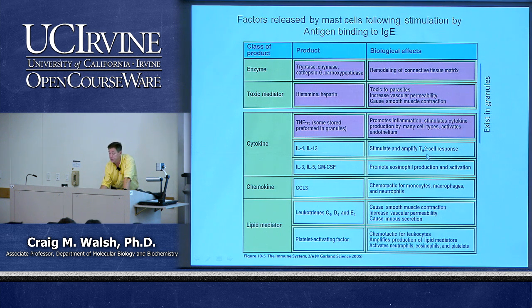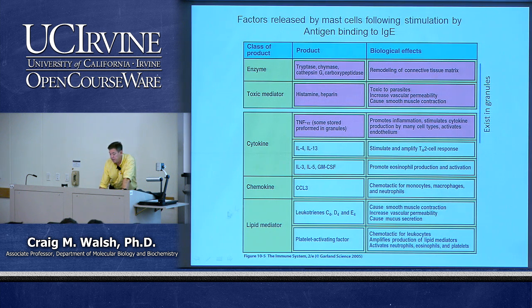So you differentiate to Th2, you get T cells that can then help B cells make these anti-allergen antibodies or anti-parasite antibodies, and the result is that they then start to produce IgE. And there are other cytokines involved in production and activation of what are called eosinophils, these specialized granulocytes that are activated by these mast cells. Also chemokines that are chemotactic for some of these inflammatory cells like macrophages and neutrophils.